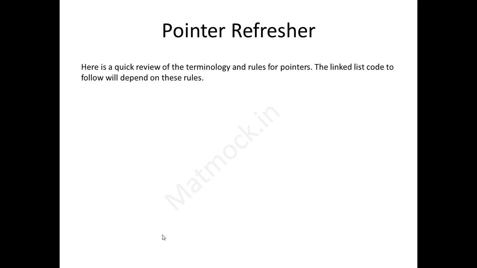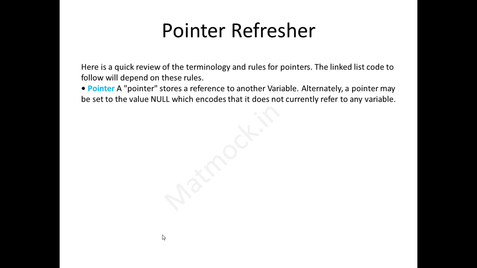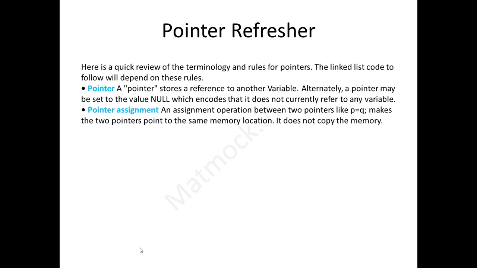Before that, we will see some revision of pointer. We know that pointer stores the address of another variable. We require to know what is pointer assignment. Whenever we are assigning a pointer to some other pointer, it will not copy the memory.